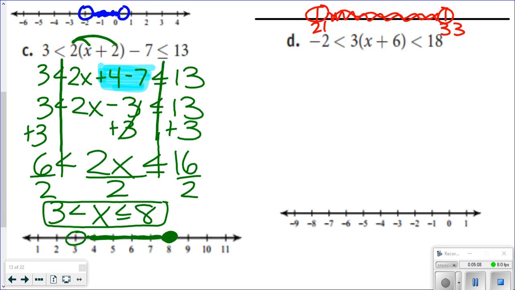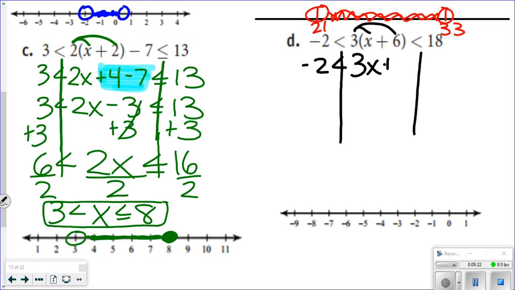Question D. Again, if we see a number outside of parentheses, it means to distribute. So we're going to do 3 times x, 3 times 6. Bring down your sign, bring down your 18.